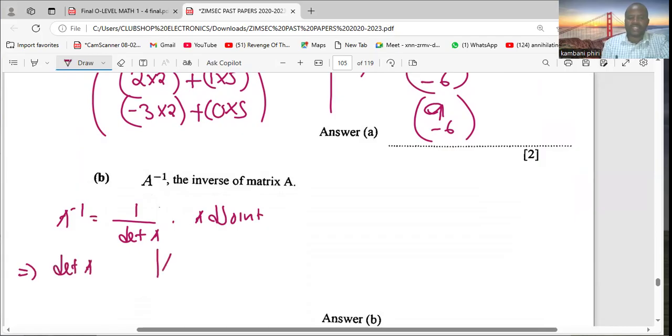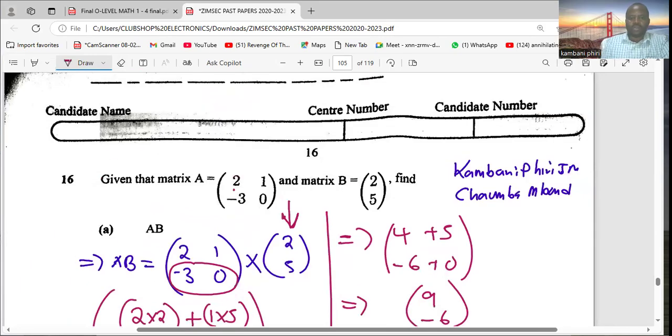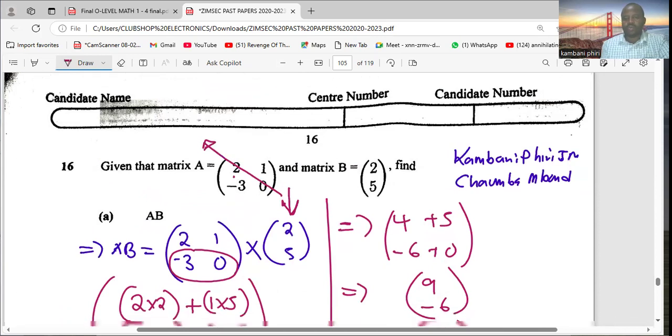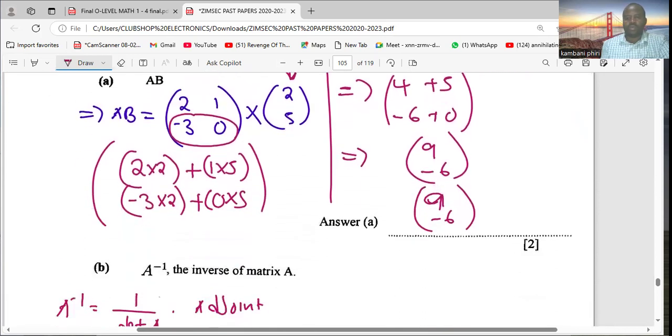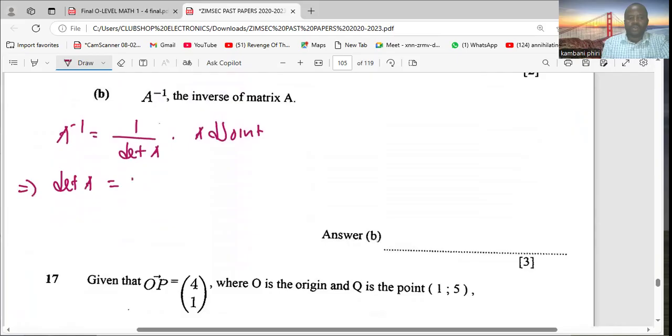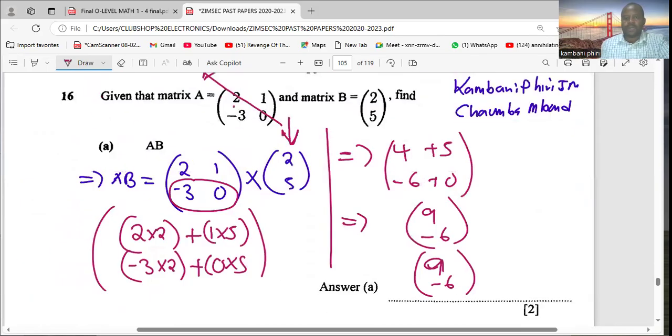What is the determinant of matrix A? The product of the left diagonal minus the product of the right diagonal. So it will be 0 by 2 minus, or you can say 2 by 0.